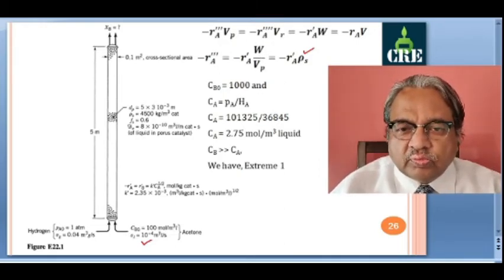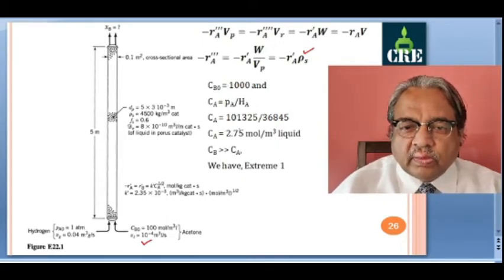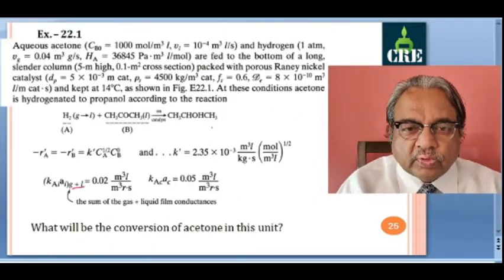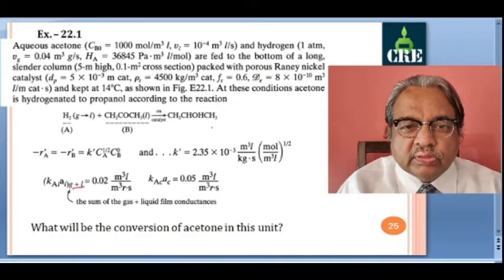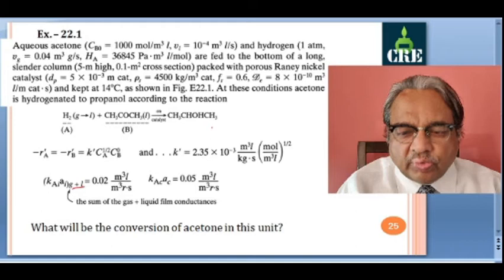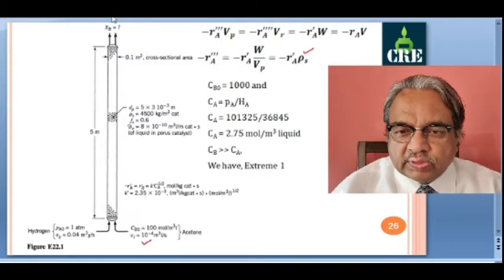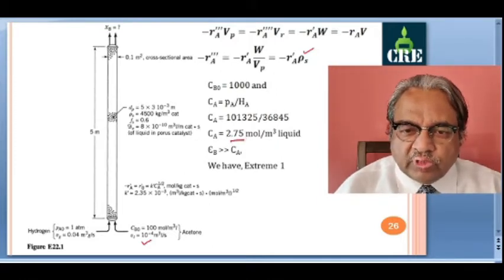So Cb0, Ca will be Pa by Ha, where Henry's law constant is given, and Pa is 1 atmosphere. So Henry's law constant is 36845 Pascal meter cube per mole. So 1 atmosphere is equivalent to this, and Ca you will get as 2.75 moles per meter cube of liquid.